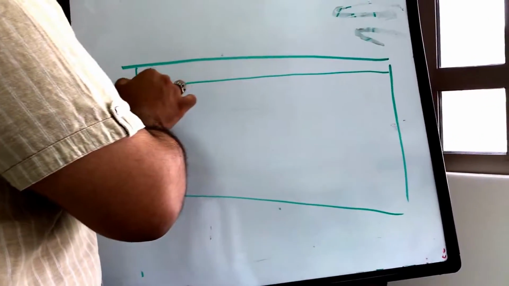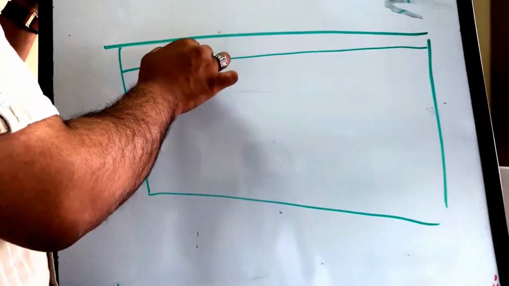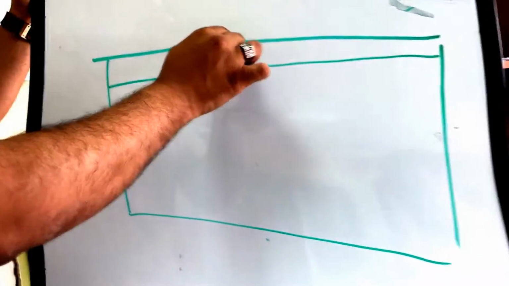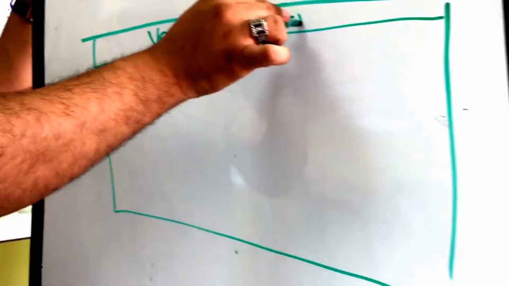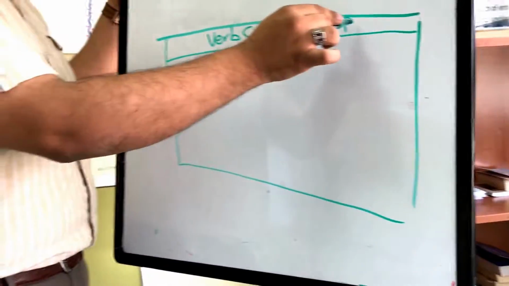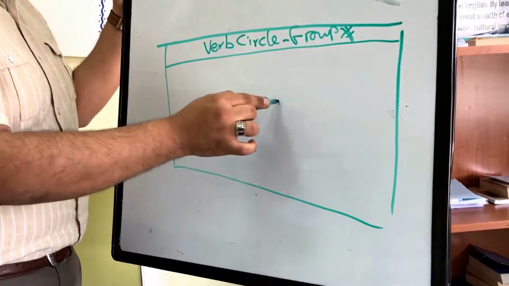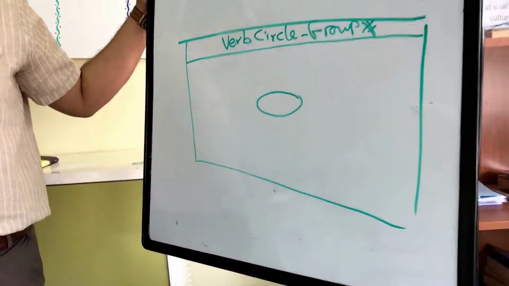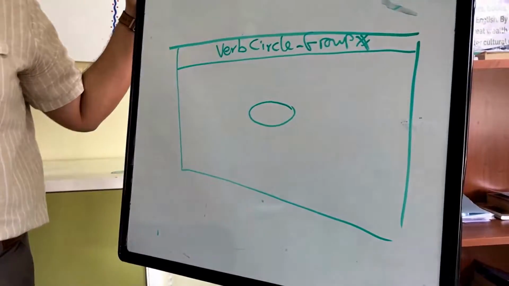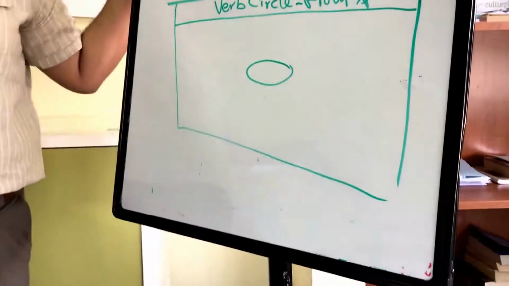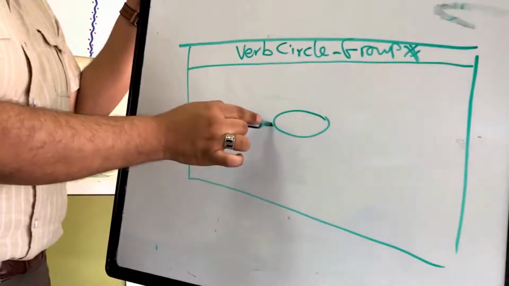At the top, you write the verb circle and write your group number. And in the middle, every group has to pick 3 irregular verbs.